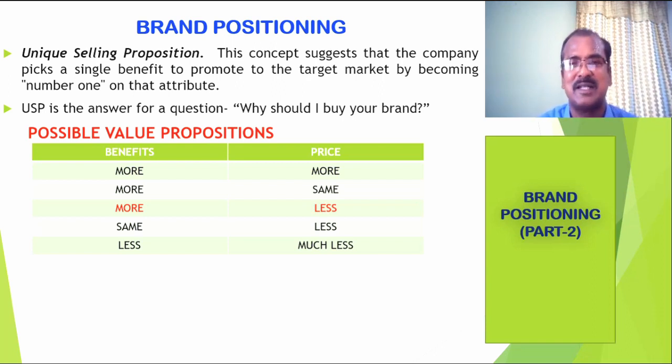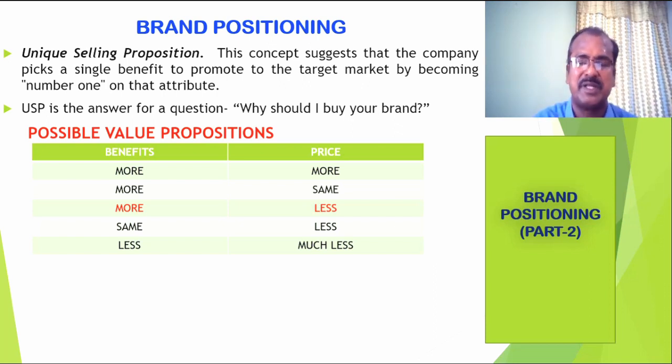Less for much less. Due to some uncertainties, we are unable to offer you the same set of benefits which we were offering in the past, or because of your preference, we have removed one or two features from our product which you looked at as unwanted or unnecessary. So we have removed those features based on the customer's recommendation.